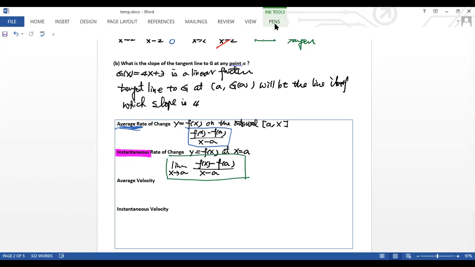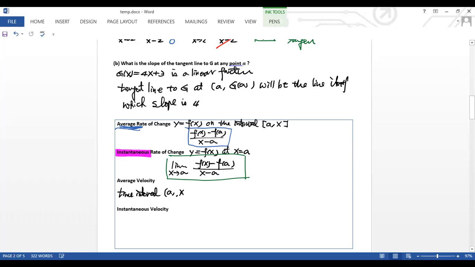The same idea we apply a lot in physics. In terms of the average velocity, you just replace this with the time interval, so a to x is a time interval.